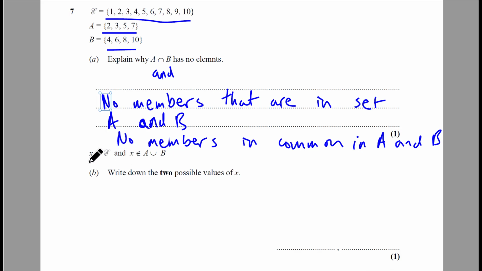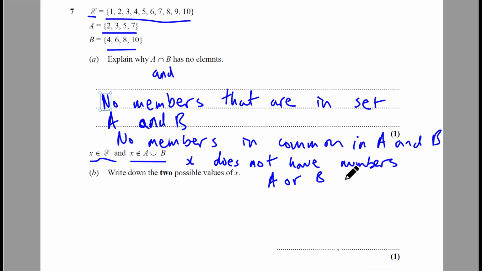So this means X is an element of all these numbers here, but X is not, that means X does not have numbers from A or B in its set.